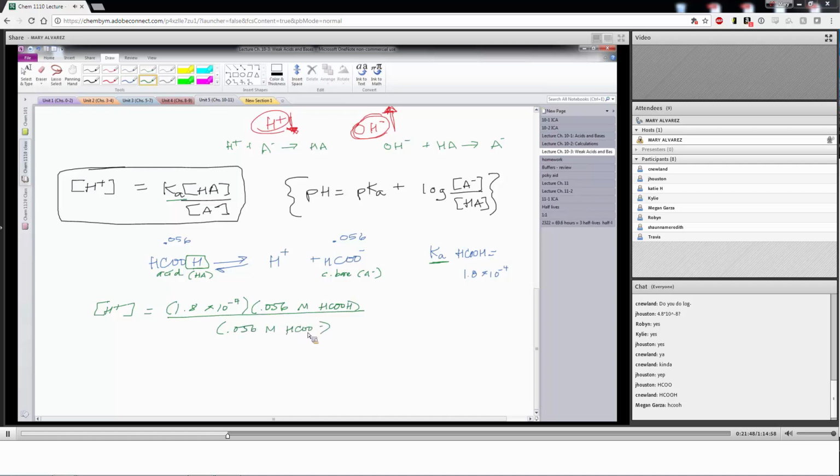In this case, it might not have mattered because I had the same numbers, but they're not always going to be the same. So we want to make sure that we follow that. If these are really the same amounts, they almost cancel out, and we find that the H plus concentration is 1.8 times 10 to the minus fourth.